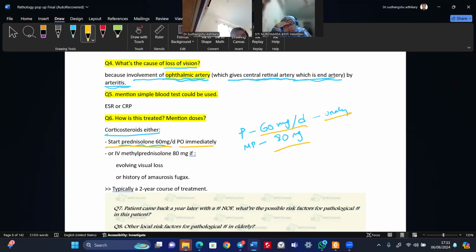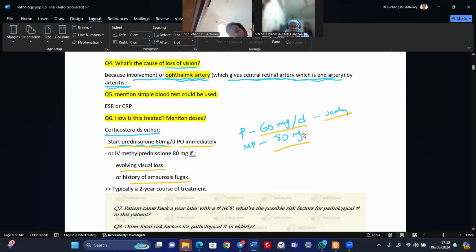So for treatment of temporal arteritis, we start with prednisolone 60 milligram per day orally immediately. Or if the patient comes with some complication like visual loss, history of amaurosis fugax, then we start with 80 milligram IV and we continue it for 2 years.